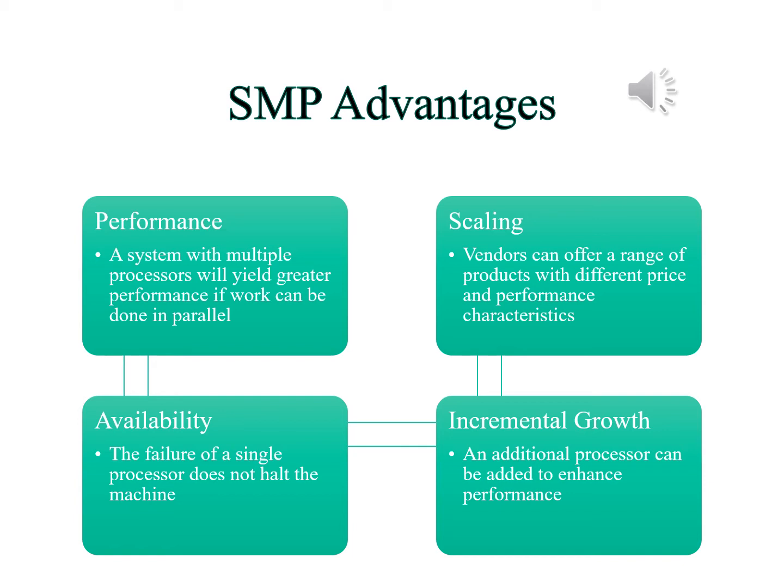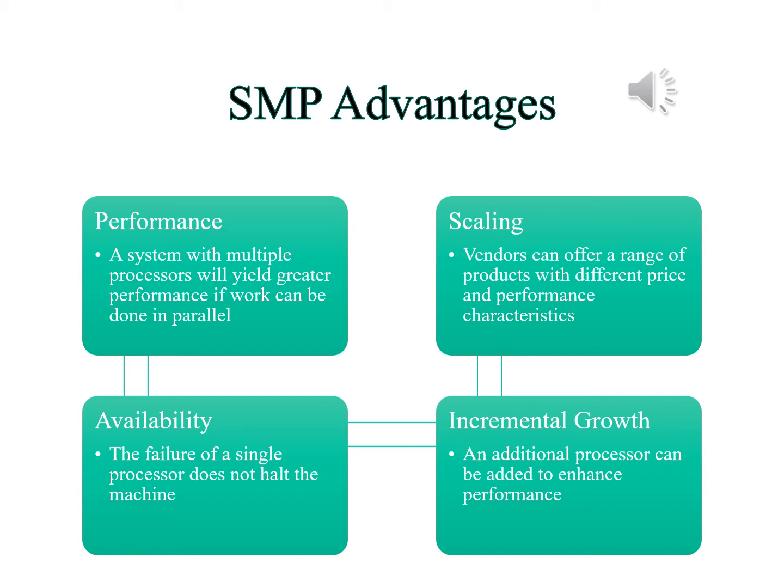Incremental growth. A user can enhance the performance of a system by adding an additional processor. Scaling. Vendors can offer a range of products with different price and performance characteristics based on the number of processors configured in the system. It is important to note that these are potential rather than guaranteed benefits.